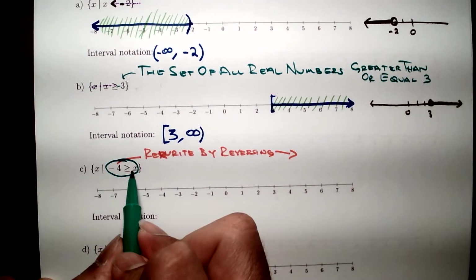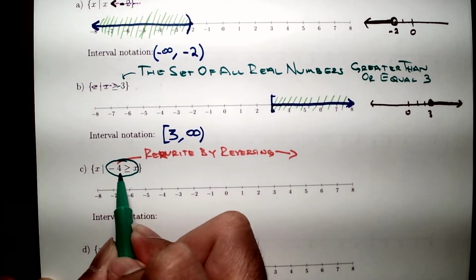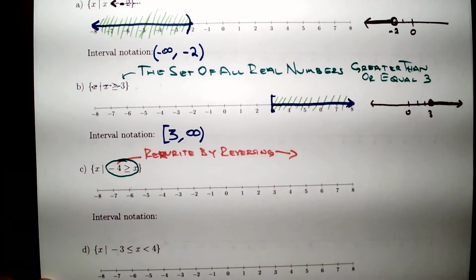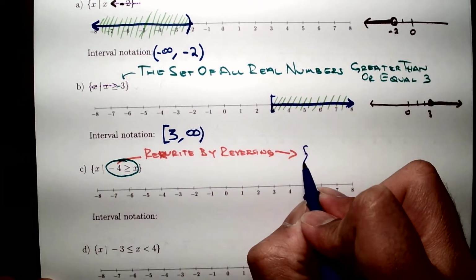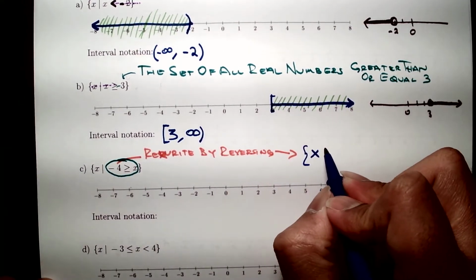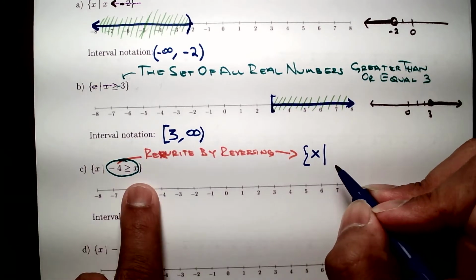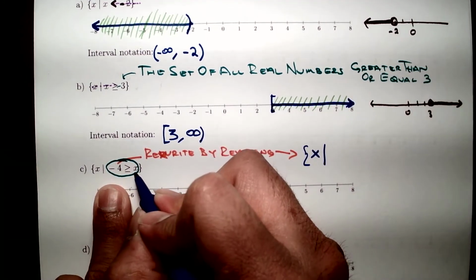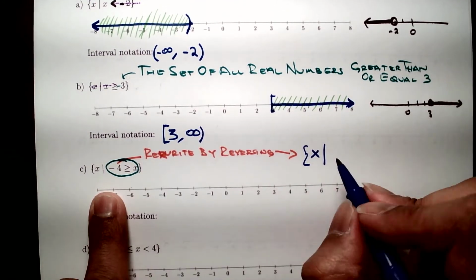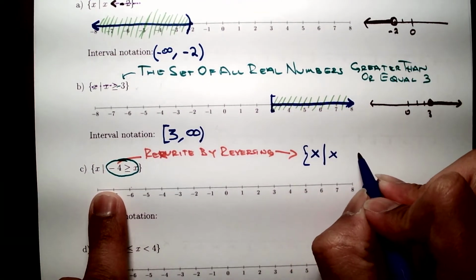All right, so that's why we need to reverse the inequality, and we do that by opening the curly braces, x such that, so I'm going to reverse the negative 4 where the x is and the x where the negative 4 is. So x and negative 4.